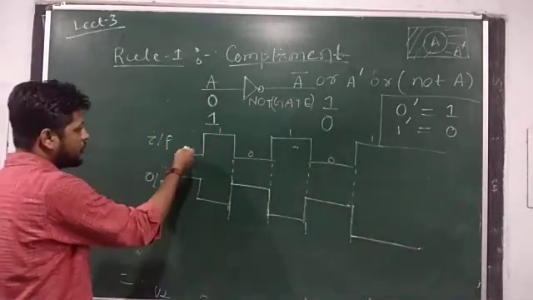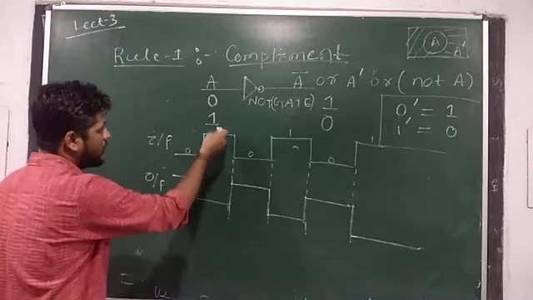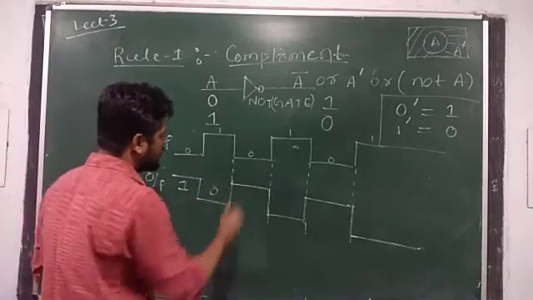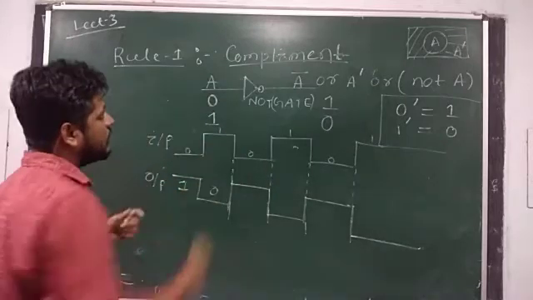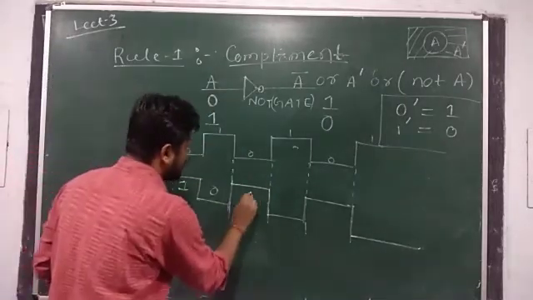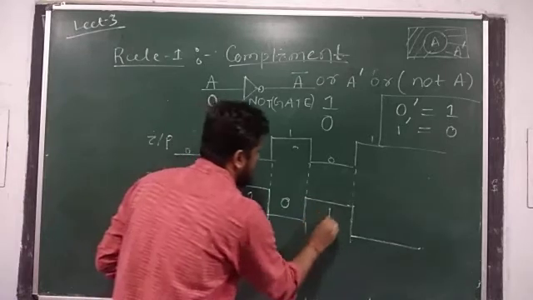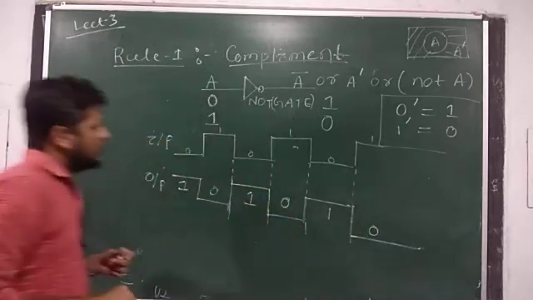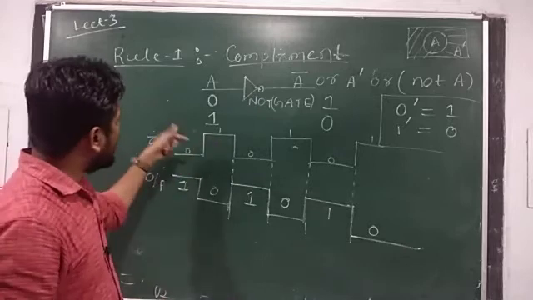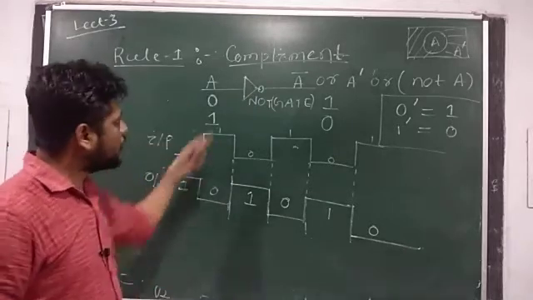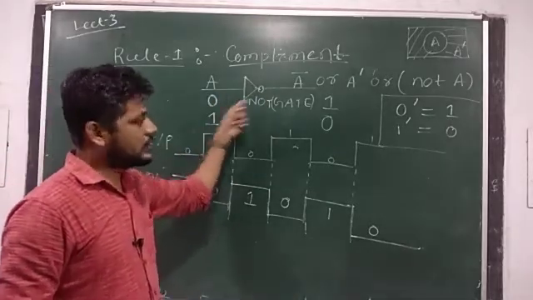So when we apply 0, we get output 1, and when we apply 1, we get output 0. This is obviously the inverse, that is the complement. So I am applying this square wave as the input, and this is the output after passing through this NOT gate.